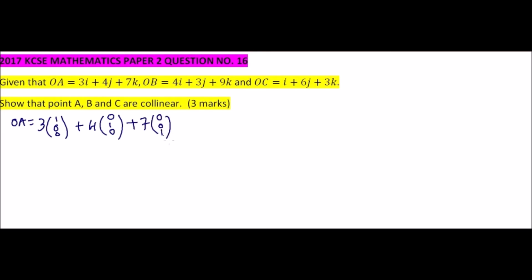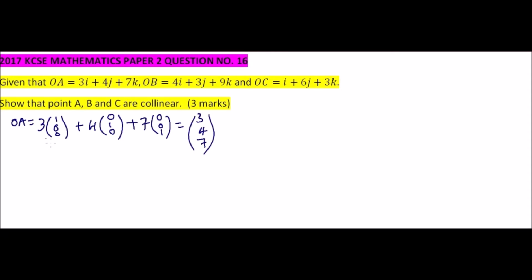So when you open the bracket here, it will be 3, this is 0, 4, 0. So this vector will be 3, here we have 4, and here we have 7 when you combine that. So that is the vector OA.